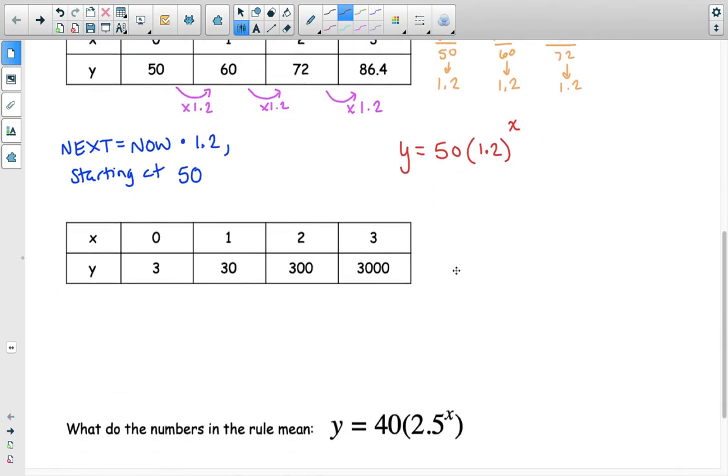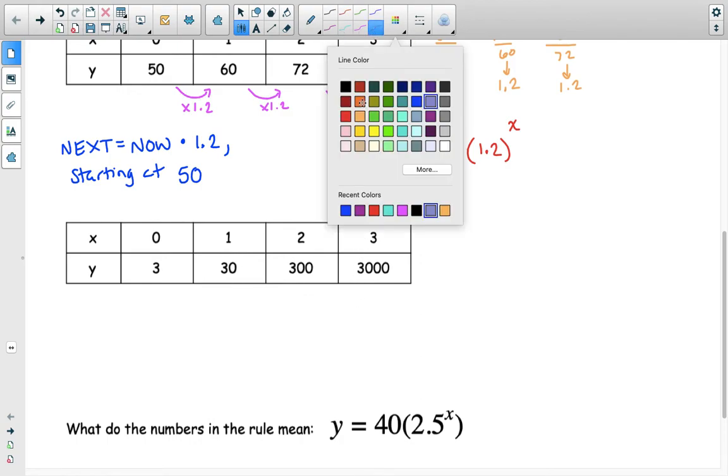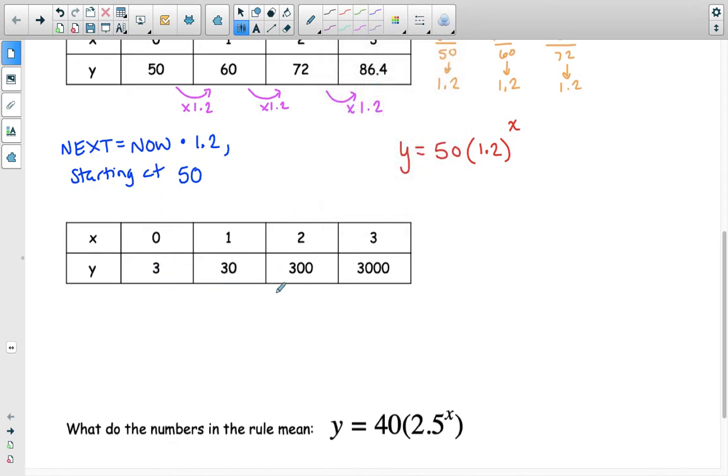On this next example, from 3 to 30, 30 to 300, 300 to 3,000, we can see it is increasing, but not by addition. We can probably see the value that it's increasing by, but let's go ahead and make sure. So we take our second y value divided by the first.